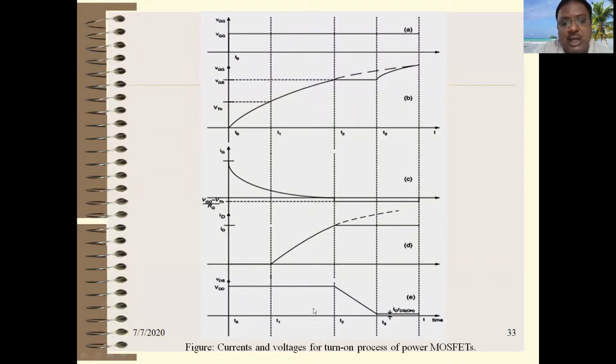This turn on time depends upon two capacitances, this CGS and this one, CGD, that is the capacitance between drain and gate, and this the capacitance between gate and source. Because of these two capacitances, the time is required to turn on the device. At T2 your device turns on, and then the voltage across drain starts to decrease.